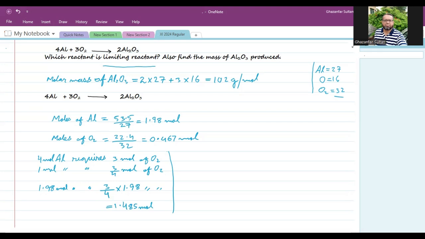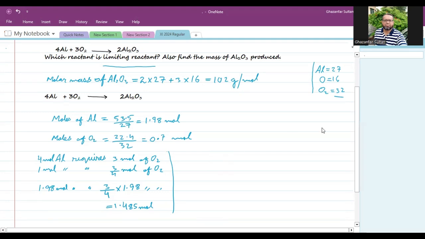I think I have calculated this incorrectly. Let me correct the number of moles of oxygen. Yes, it is wrong. It is just 0.7 moles. So 0.7 mole of oxygen is given and 1.98 moles of aluminum are given. For 1.98 mole, we need 1.485 mole.